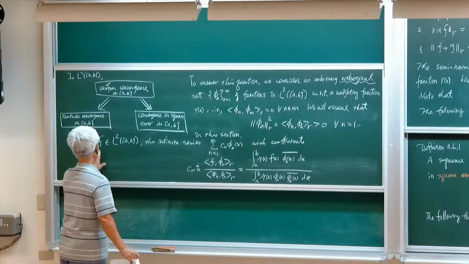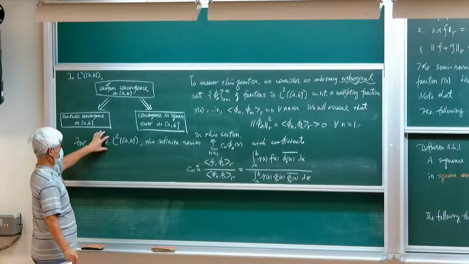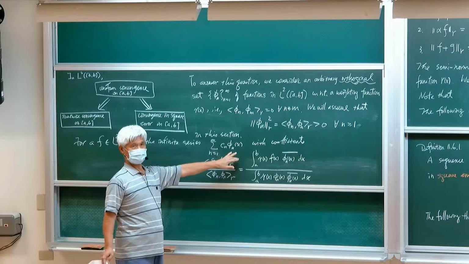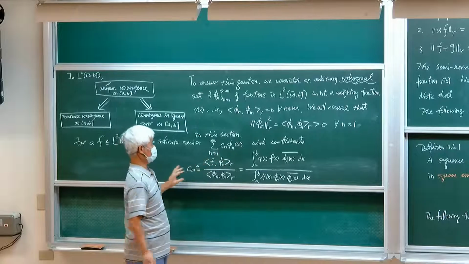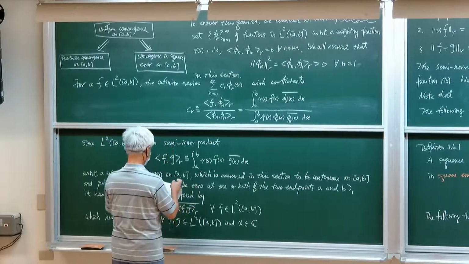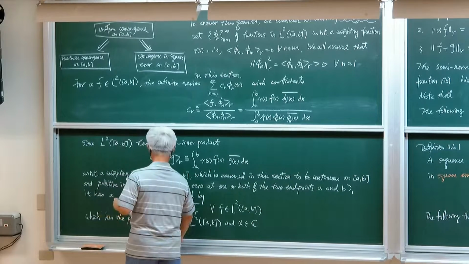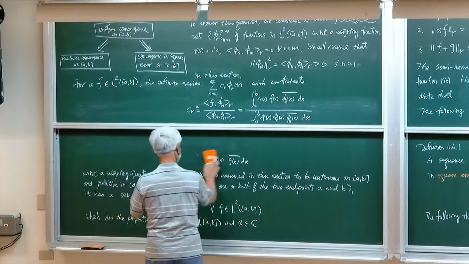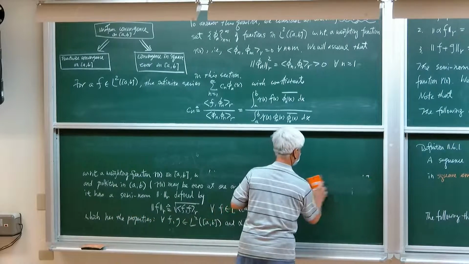For each square integrable function in the L2 space, we can construct such an infinite series. So this infinite series will be called the generalized Fourier series.